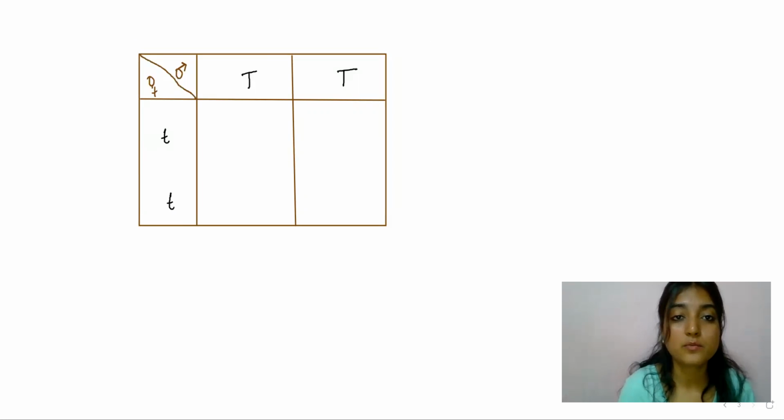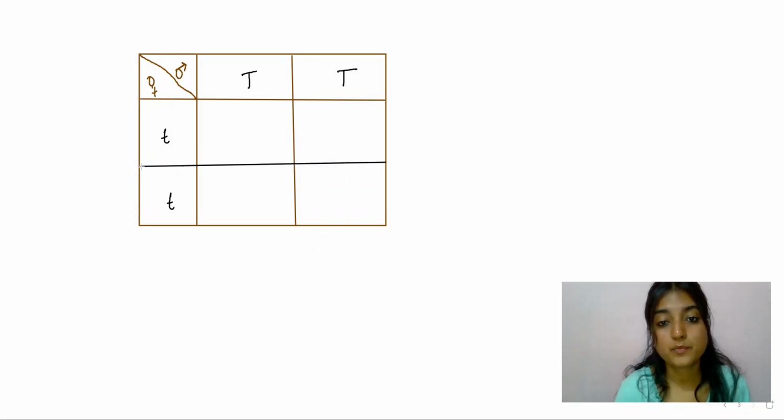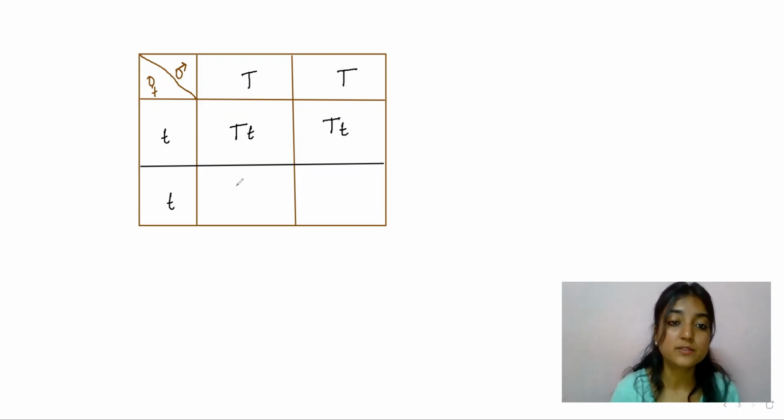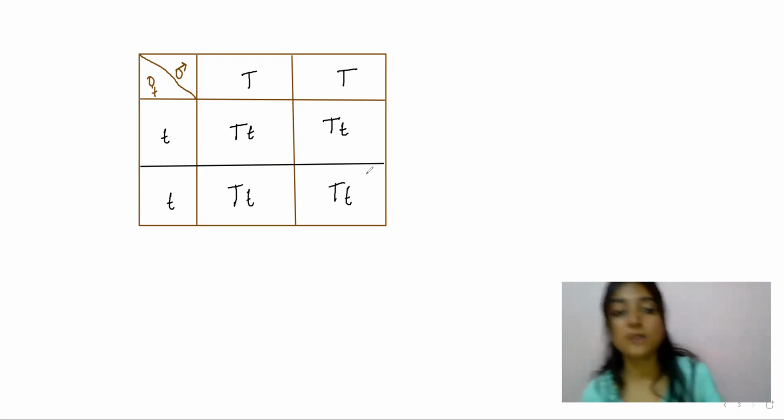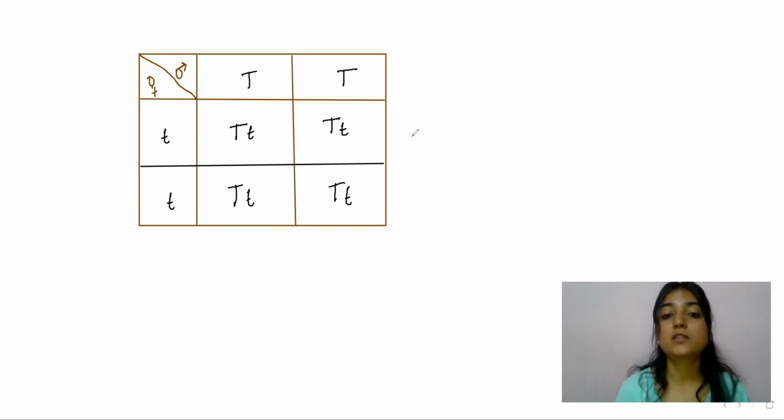Now let us cross. Capital T with the small t will give capital T small t. Again, capital T with small t will give capital T small t. Here also it will be the same. Now after making this Punnett square, this is the F1 generation.